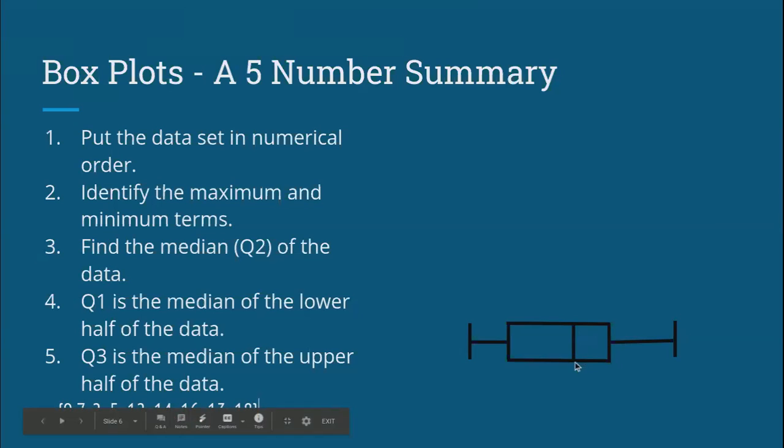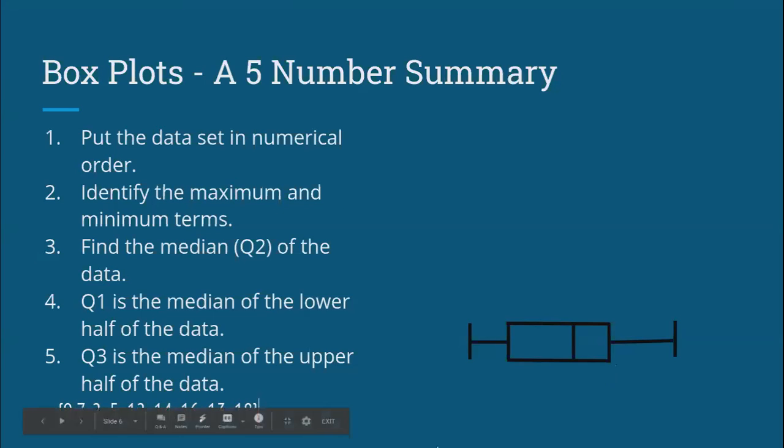And then we find the median of the lower end of the data, and that's Q1. We find the median of the upper end of the data, that is Q3. So those are the 5 numbers that will be in the summary.